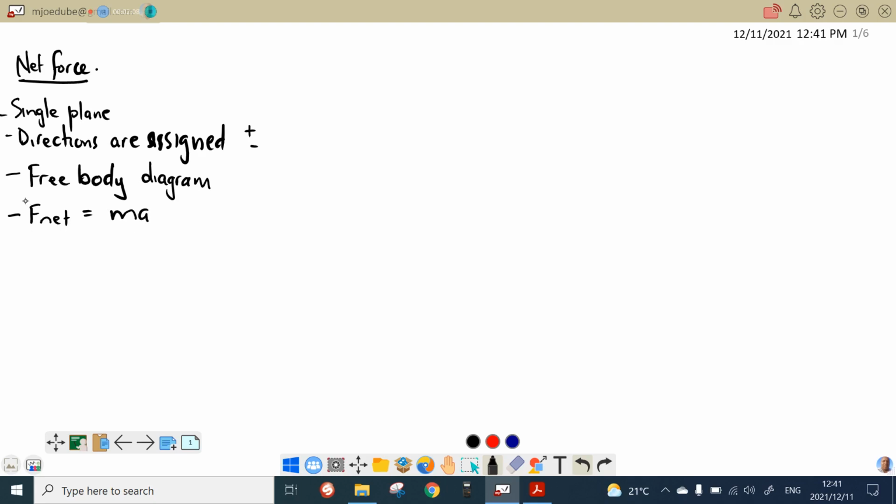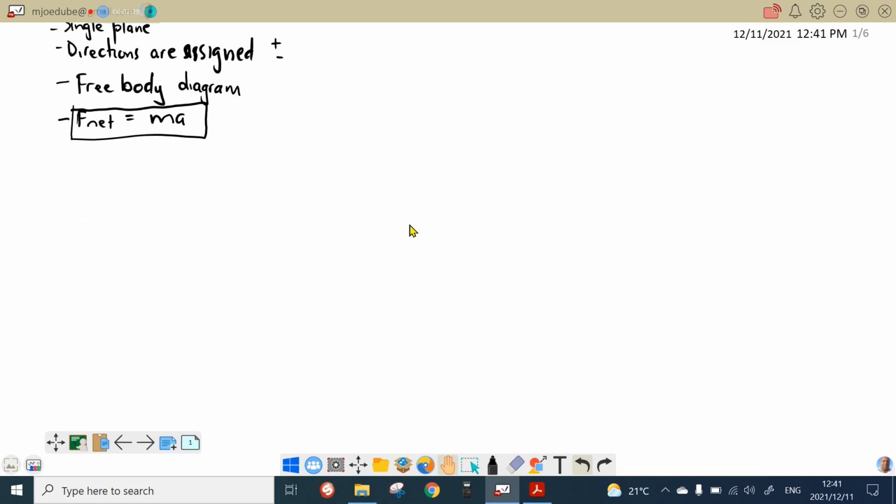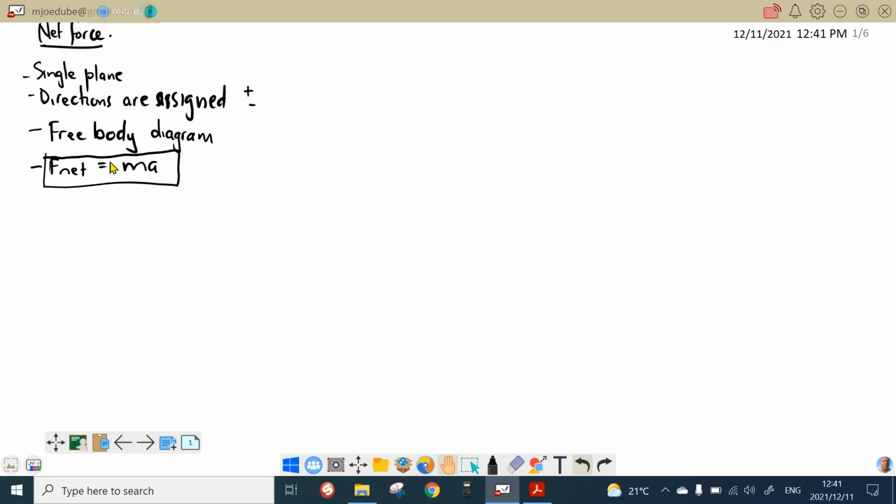So this here would be the application of Newton's second law, and this is also going to help you to perform all your calculations. So now let us start, and we'll give you a general example of how you're going to apply these concepts.